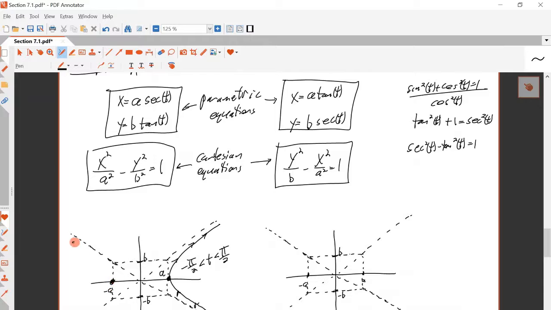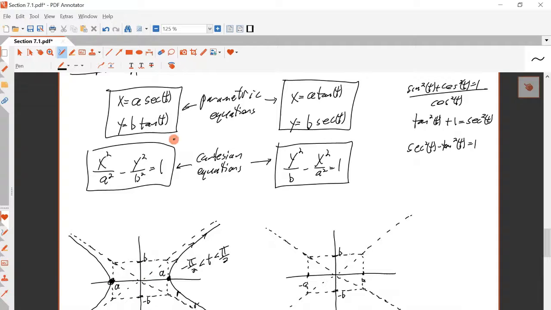And then you also have it over here. Of course, this is not continuous because secant is not continuous at t equal to pi over 2. It's got an infinite discontinuity. So it jumps from here to there.